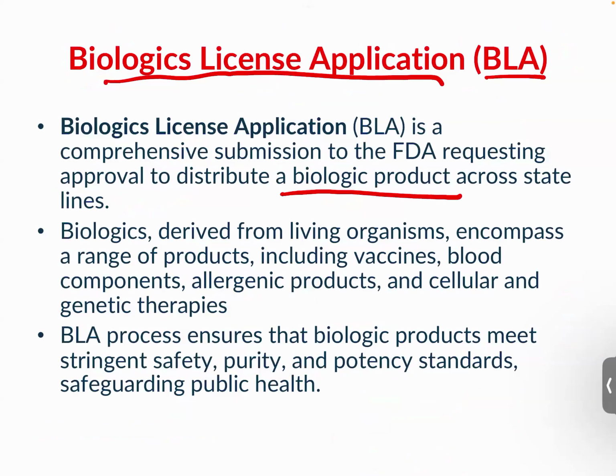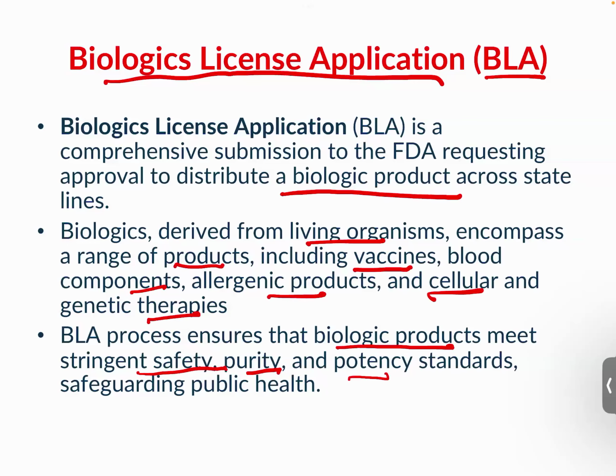All that is compiled into a biological product. This ensures that a biological product meets stringent safety, purity, and potency standards, so that public health can be safeguarded. That is the only difference.